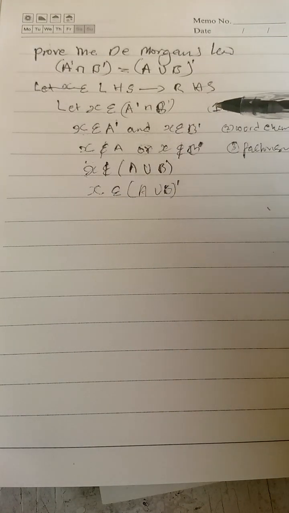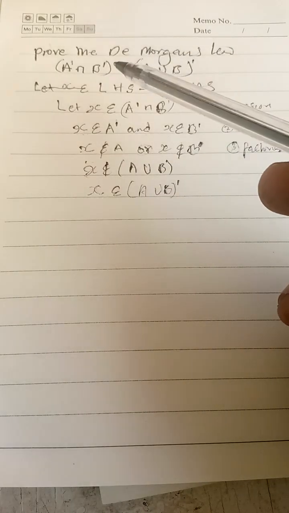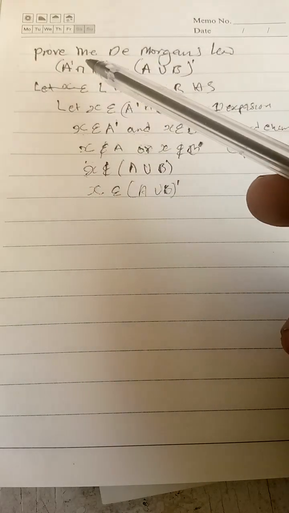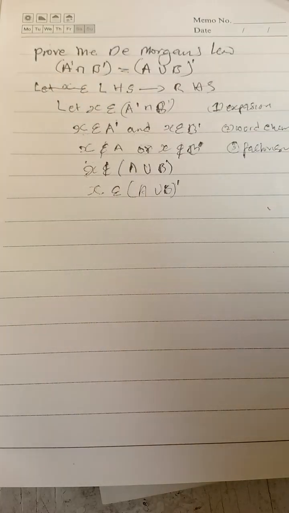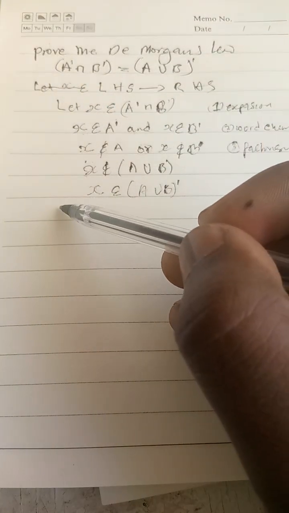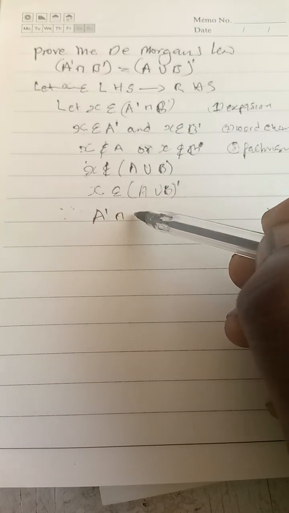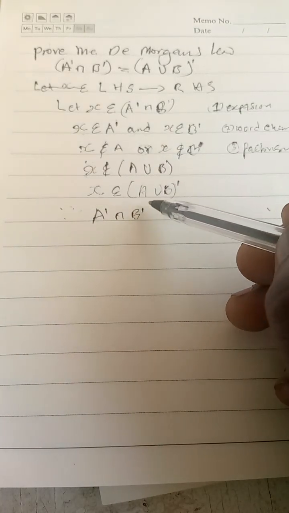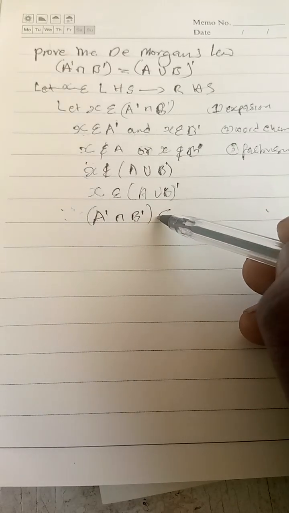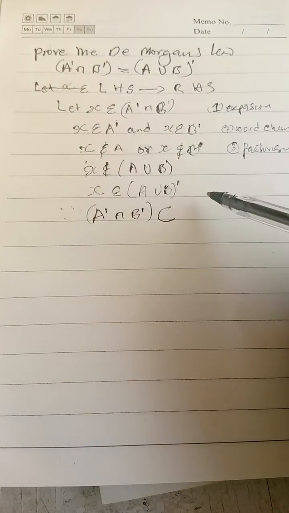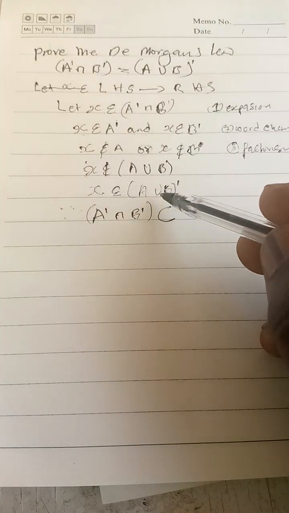So after writing this, then we write this statement, very important. From where we are coming, from the left-hand side, we say, therefore, A complement intersection B complement. This represents intersection. Then you write your answer here.